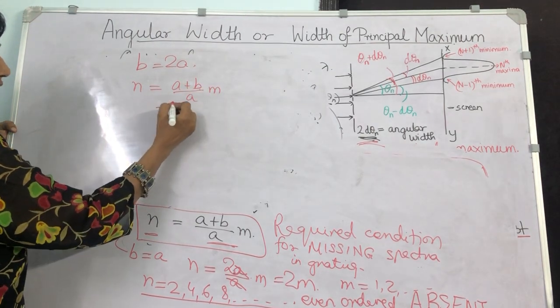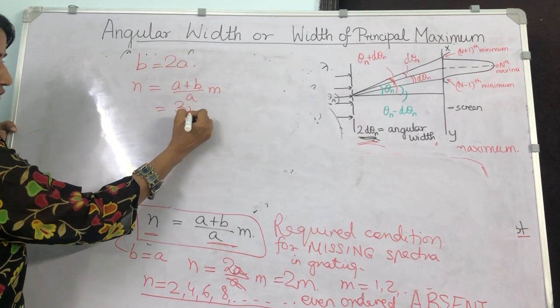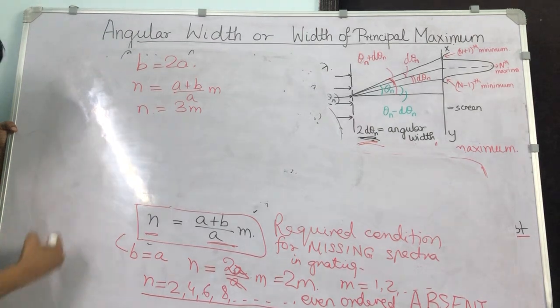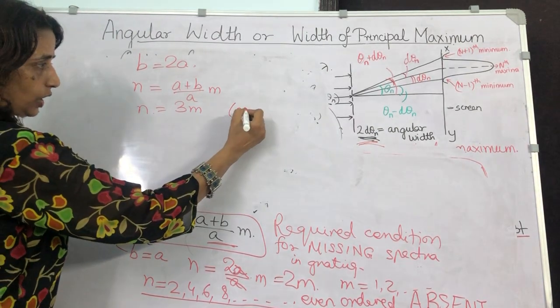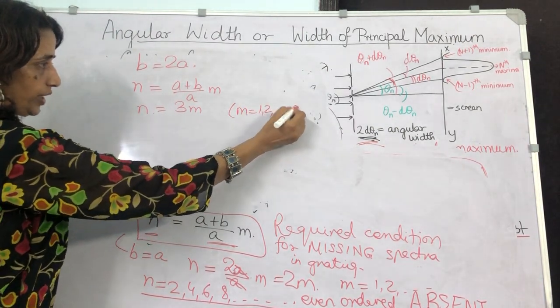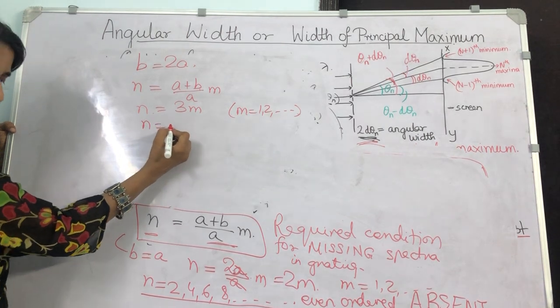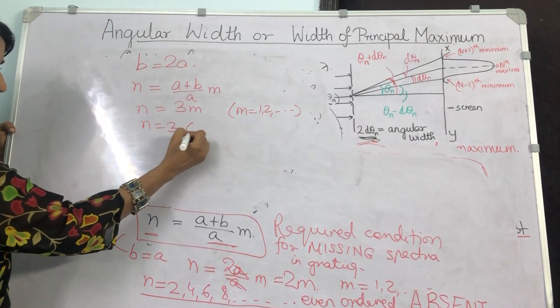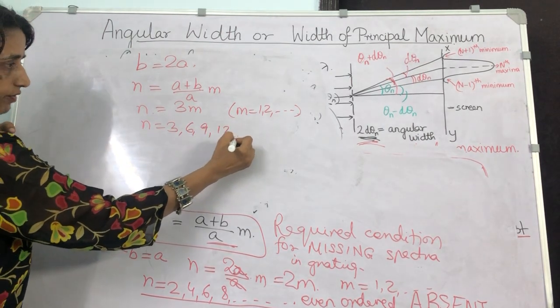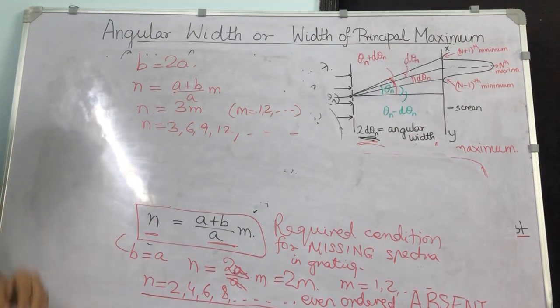Since b is 2a, this becomes 3m. Now for m equal to 1, 2, 3, etc., n is 3, 6, 9, 12. These will not be observable. These are the conditions of missing spectra in the spectra order.